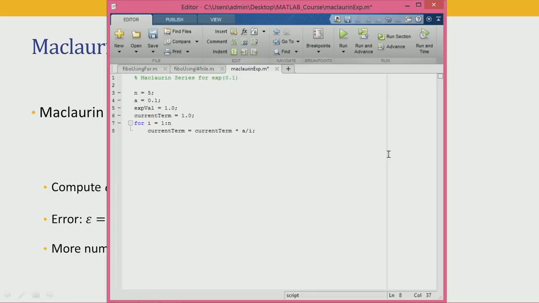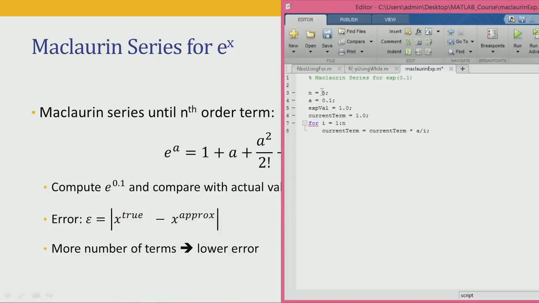Okay. So, let us see how exactly this works. So, we have e to the power a that we need to compute approximately. When I is equal to 1, at that time, our value of current term is going to be 1 multiplied by a divided by 1, that is a. In the next loop, it is going to be a multiplied by a by 2, that is a square by 2 factorial.